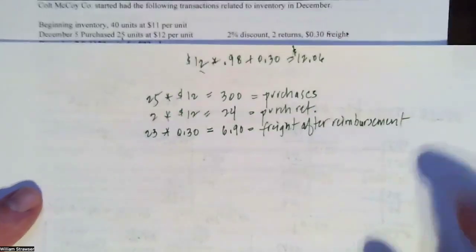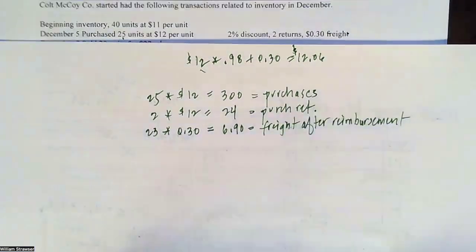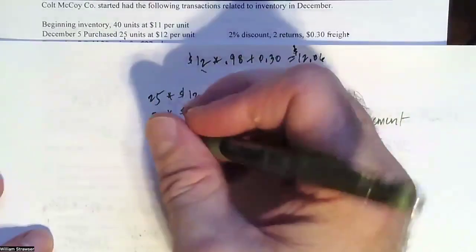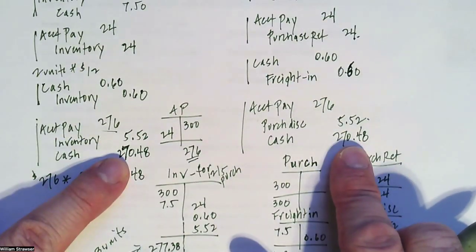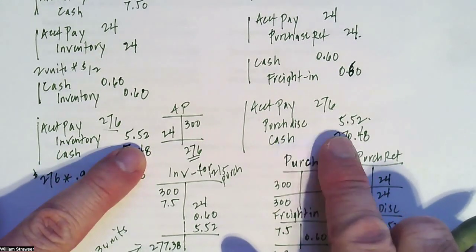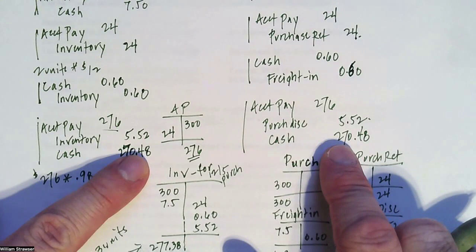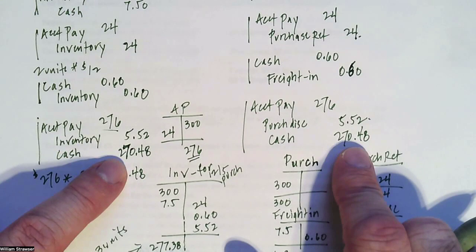And then the final thing is that discount amount. Now, you really have to think it through, right? I'm asking for the purchase discount, which is not the net of discount amount, it's just the 2%. And the other thing you have to consider is I only earn the discount when I actually pay cash, right? That's why we don't record a discount or a credit to inventory until cash is paid. I only get a discount on the things I pay for, so only the non-return units.